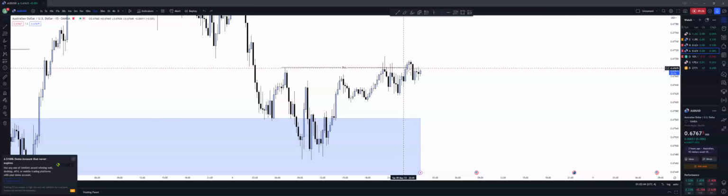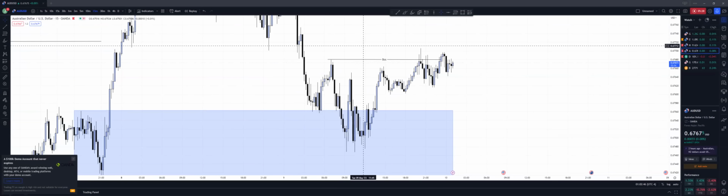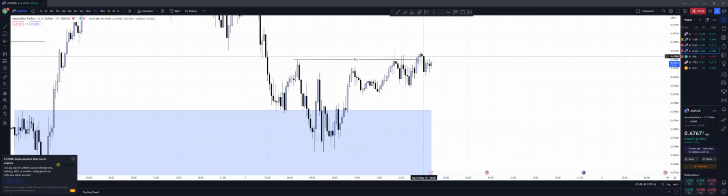Instead of it breaking with a wick, it broke with a body, so it confirms to me that the trend is stronger. So it means that the buyers are taking power in the market.